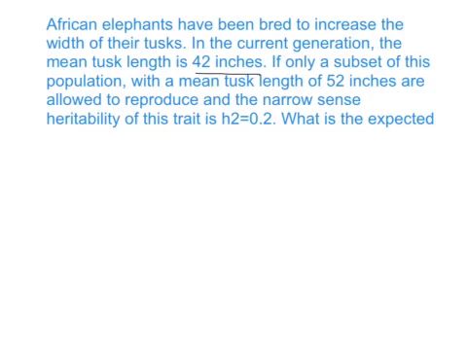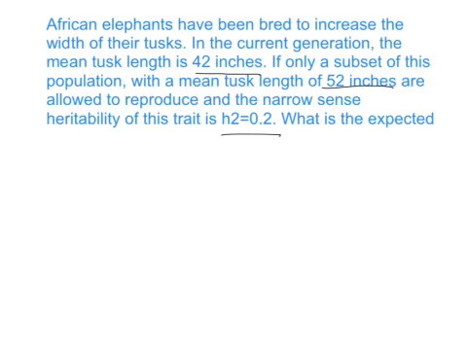If only a subset of this population with the mean tusk length of 52 inches is allowed to reproduce, and the narrow-sense heritability of this trait is H2 equal to 0.2, what is the expected tusk length in the offspring generation?